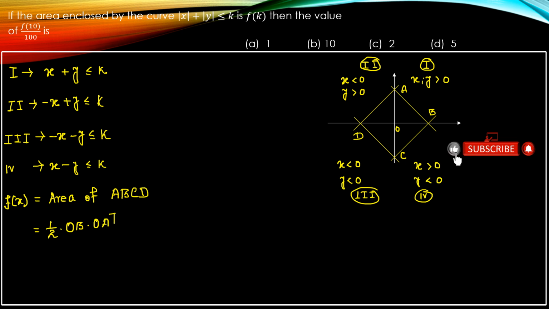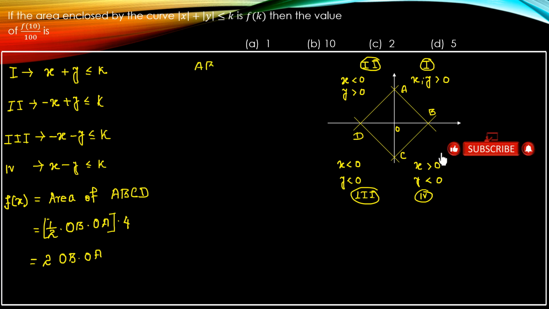And there are four such triangles with the same area. So it will be 2 times OB and OA. What are OB and OA? They are the x and y intercepts of the straight line AB.